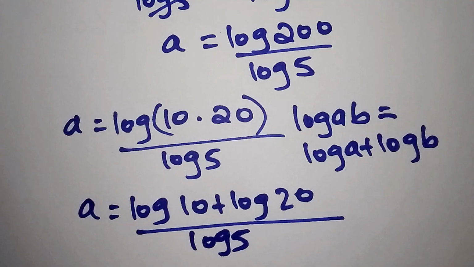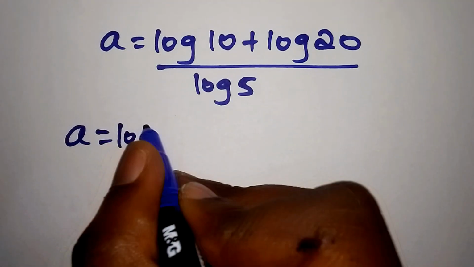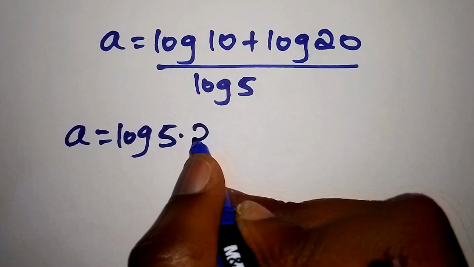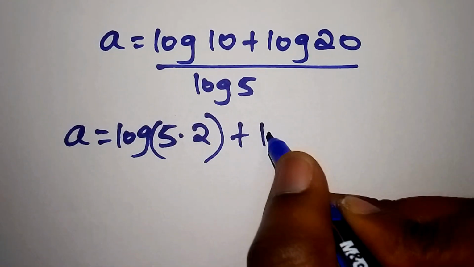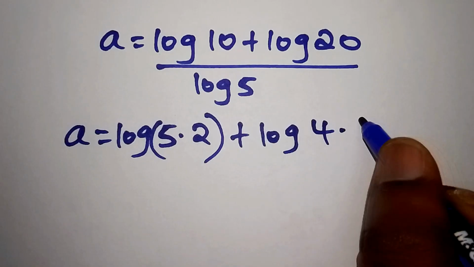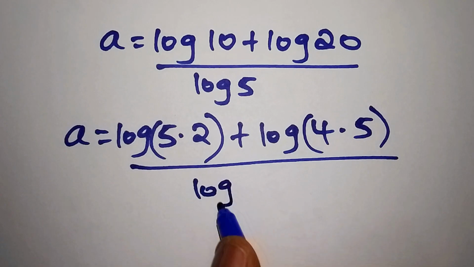Now the log of 10 can be written as the log of 5 multiplied by 2, in bracket, plus the log of 20 written as the log of 4 multiplied by 5, in bracket, all over the log of 5.